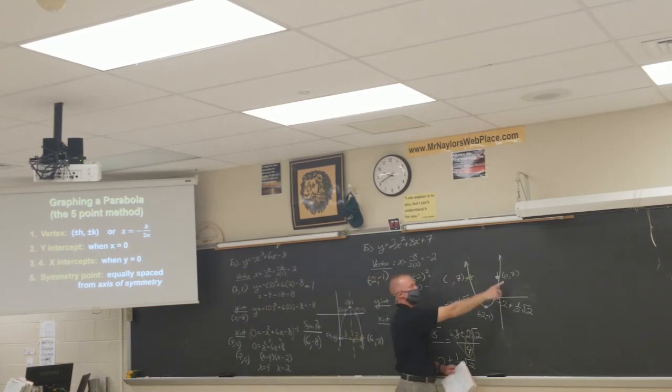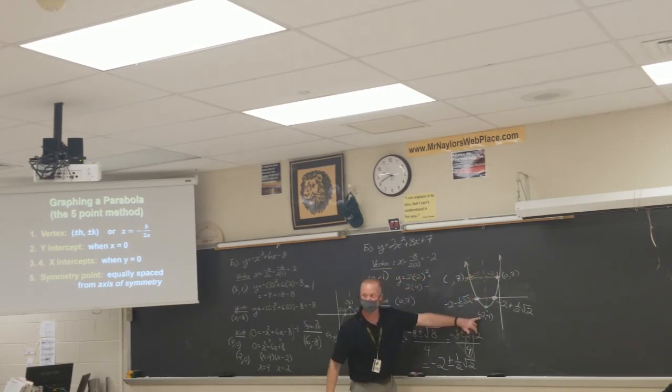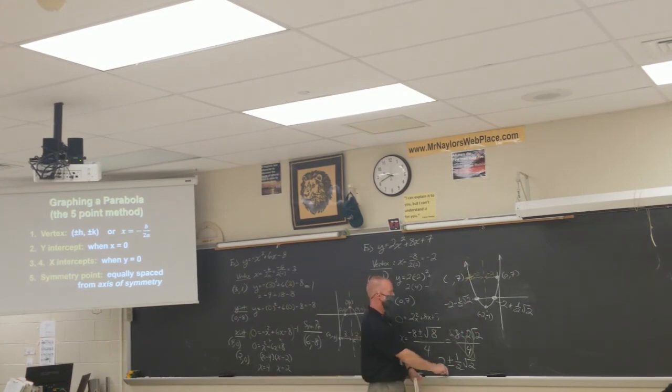Always at the same y value. Now, always equally spaced. Negative 2 is kind of our magic number. Negative 2 is the distance of this equal space. Negative 2 was that vertex from the beginning. Okay, so a pair of negative 2s are going to get you to negative 4.